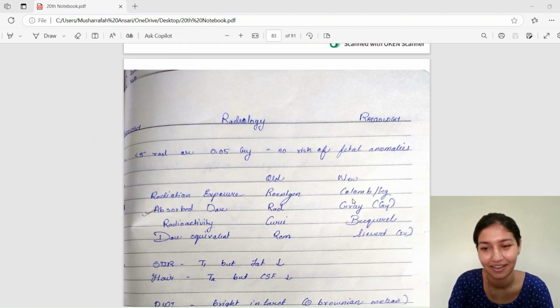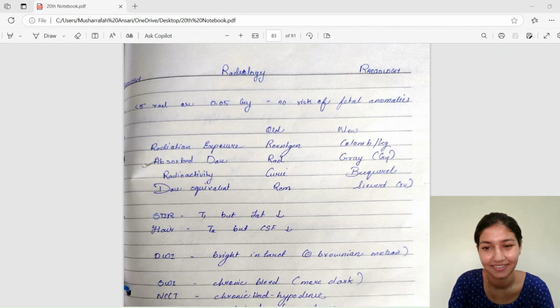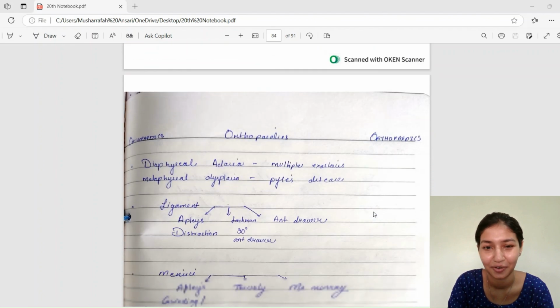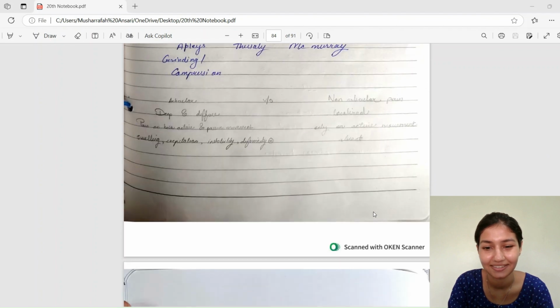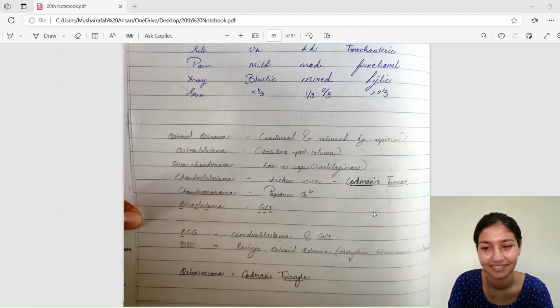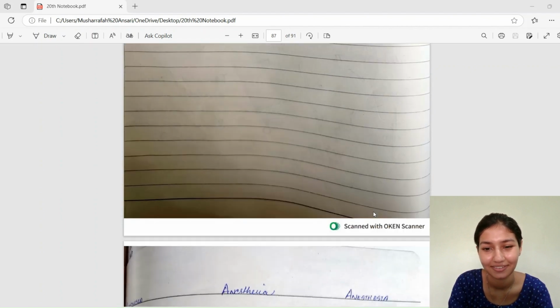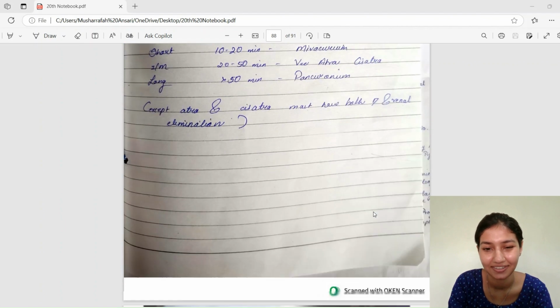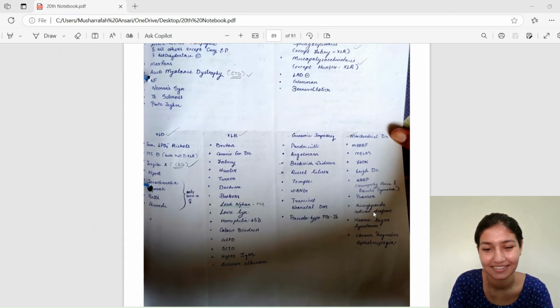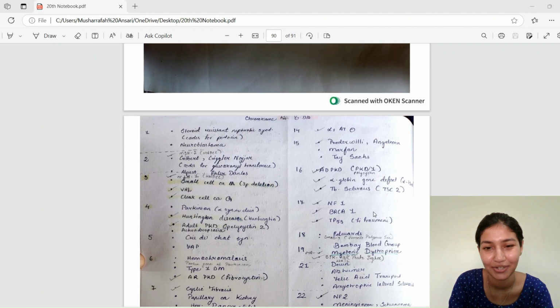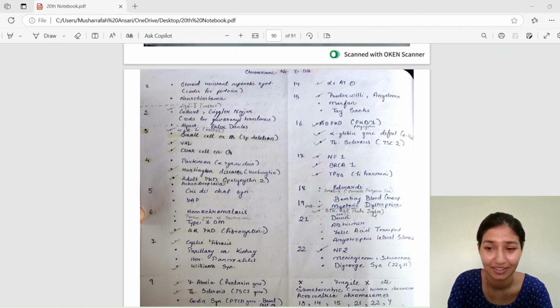Then we have the short subjects here: radiology, orthopedics, dermatology, anesthesia, genetics, and the chromosome numbers and the related disorders.